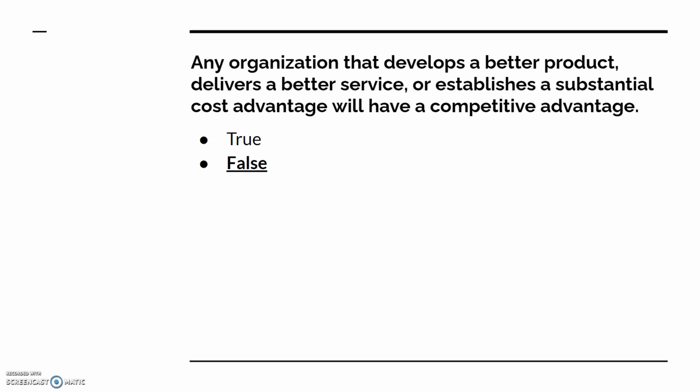So you think about a company, and I think we've talked about this in this class in the past, like Walmart. They're not necessarily having better products or better service, but they certainly are providing a substantial cost advantage. And for some things, I will go to Walmart because it's cheaper to buy health and beauty products or those types of over-the-counter medications.